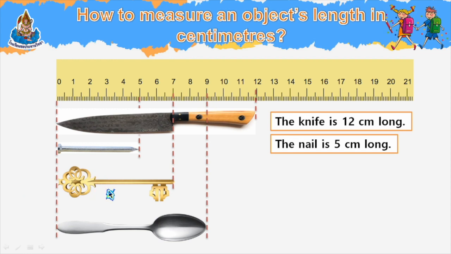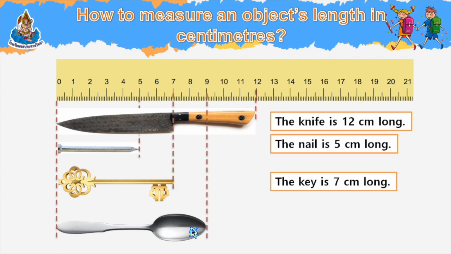So this is a key. Let's measure it again, starting from 0 until there, it is 7. The key is 7 centimeters long.